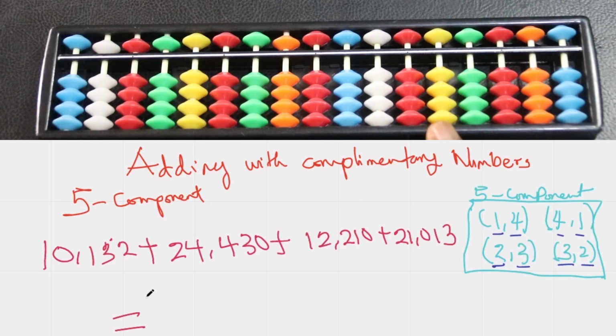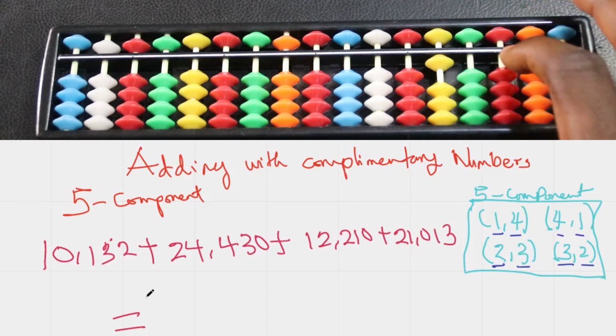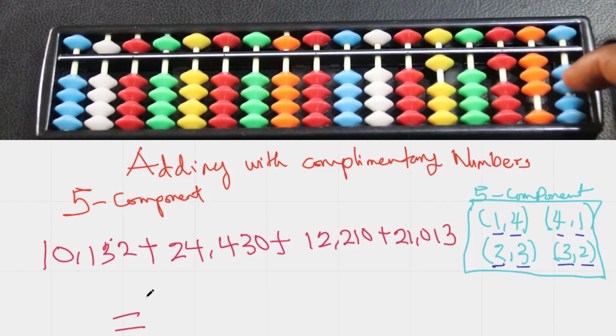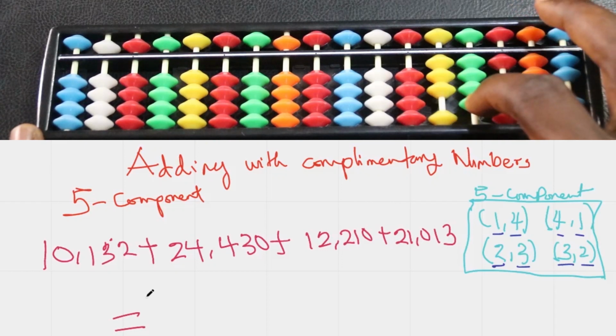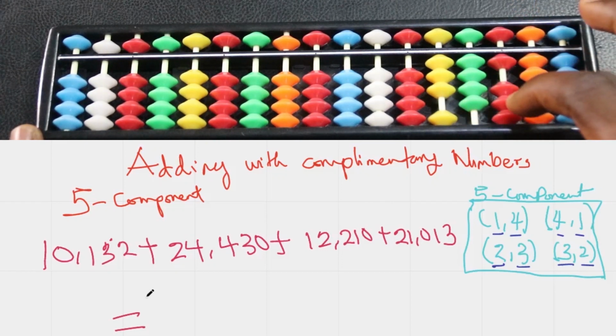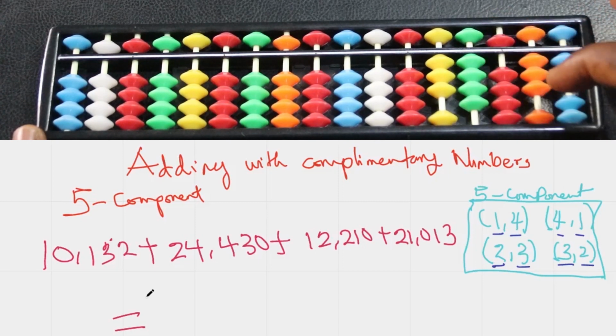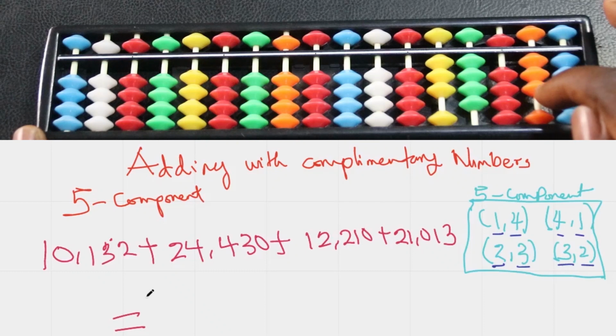So I'm going to be starting from the yellow rod down to the blue one. Okay, so 10,132, that's the first one, plus 24,244. I need to add 4 here, but I don't have 4. What's the 5 component of 4? 1. I will remove 1 and add 5. I want to add 3 here. I don't have 3.